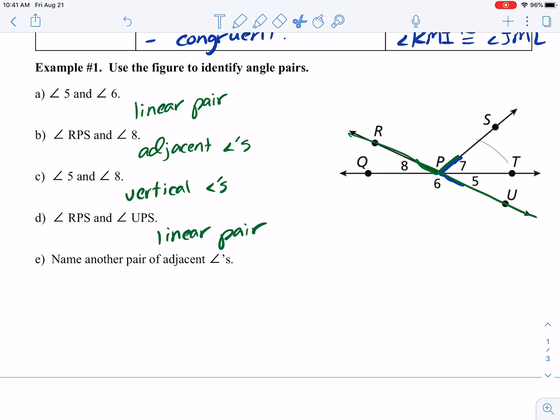And last but not least, let's do this one together. Let's name another pair of adjacent angles. They can be any adjacent angles. We could just say 7 and 5. Remember, adjacent angles are angles that share a vertex and a side. The side these two angles share would be side PT.